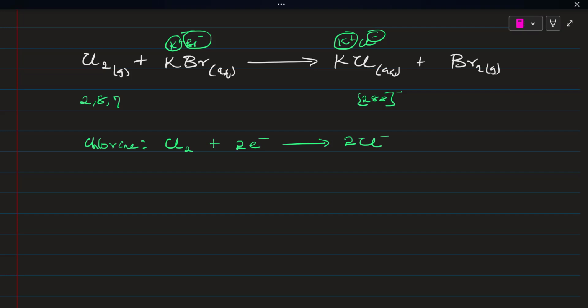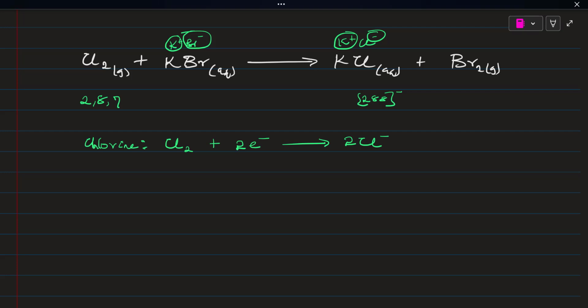So you know already, because we have Cl2 here, it means we have 2 atoms of chlorine. And then we know that 1 chlorine will gain 1 electron. So because we have 2 of them, there are 2 electrons gained here. When there are 2 electrons here, we are going to have 2 chloride ions formed. So that is the chlorine side of the equation.